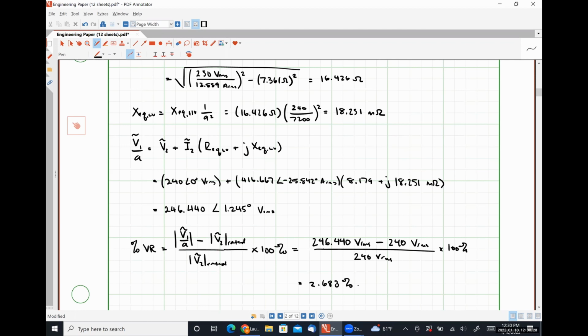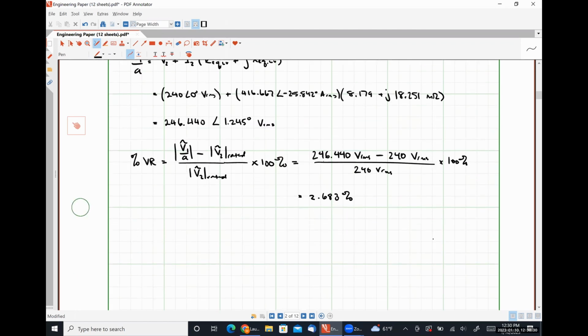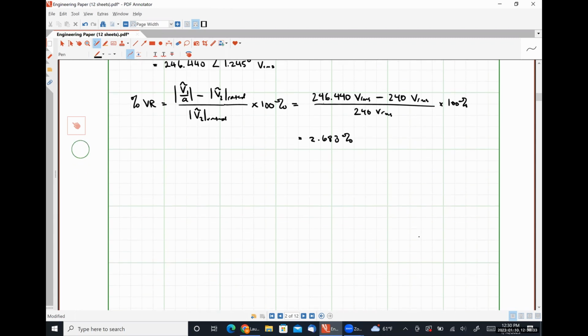So now let's talk about efficiency. This is a little bit easier. How do we measure the efficiency of anything? Output over input.